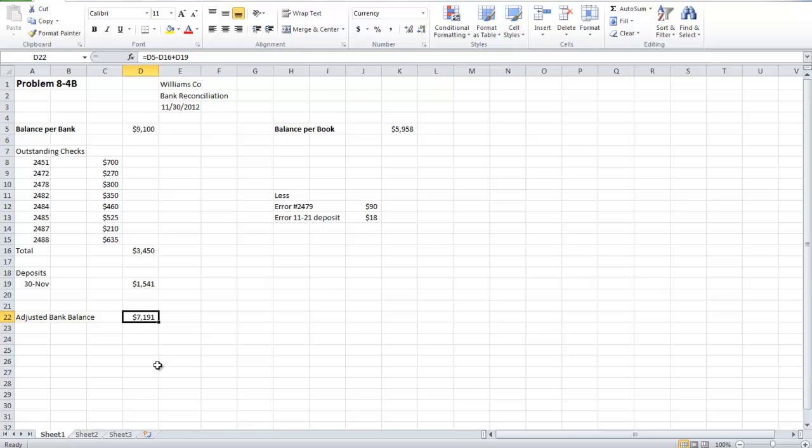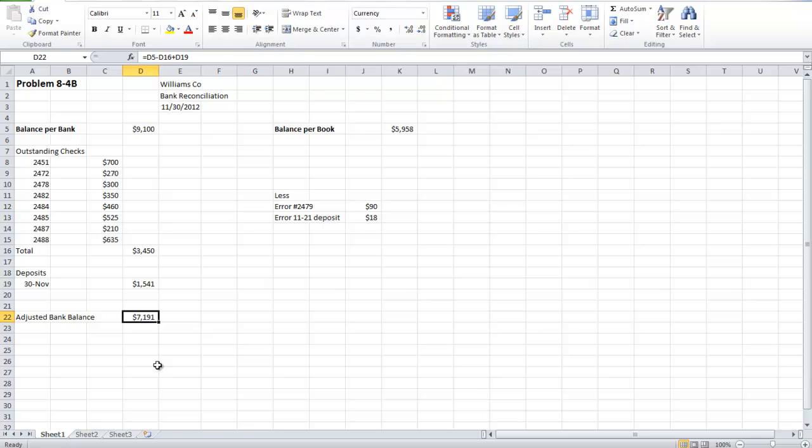Now our balance per book should also equal this after any additions and subtractions. So we've got the errors listed. Okay. Now the only thing we need to do is take care of items 1 and 2 on the page, on page 405. So in this particular case, in number 1, it says there was a credit for $1,375 for the collection of a $1,300 note for Williams Company, plus interest of $91 and less a collection fee of $16.